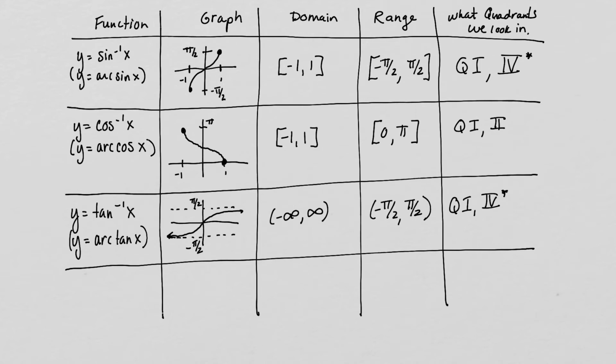Okay, so again, there's a star next to quadrant 4, just to remind myself that we can put a little note. The star means write it as a negative angle. So whenever we're in quadrant 4, we have to rewrite our angle as a negative angle.